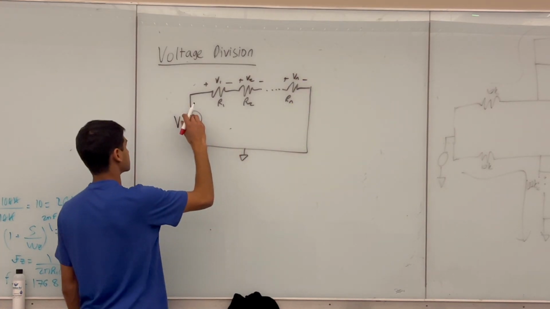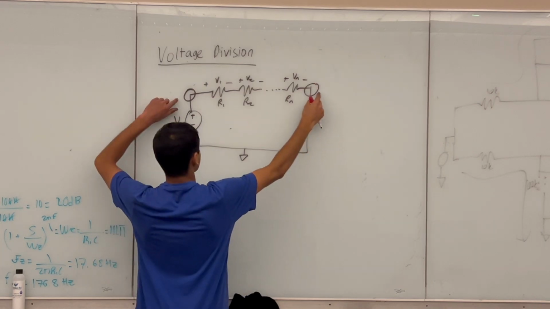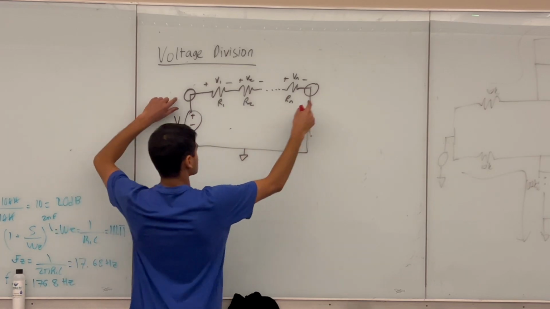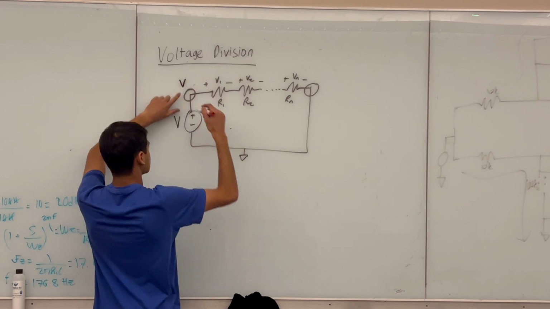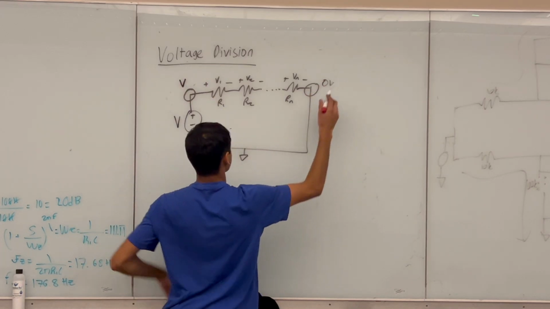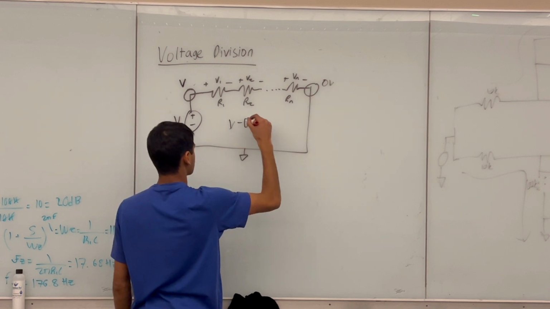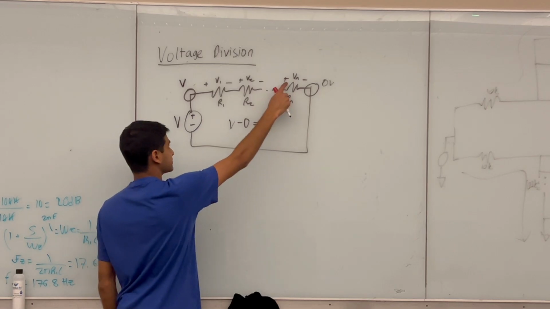So this voltage, as I stated earlier, is being applied across all of the resistors. And in this case, the voltage applied across all the resistors is just V, because you have V here and 0 volts here. So the voltage applied across all the resistors in total is just V minus 0, which is V. So what I want to find is Vn in this case.